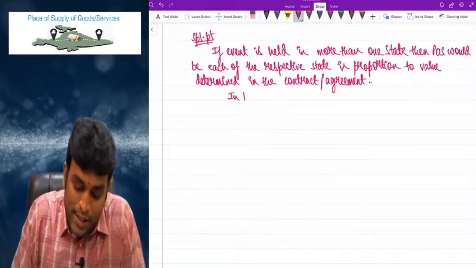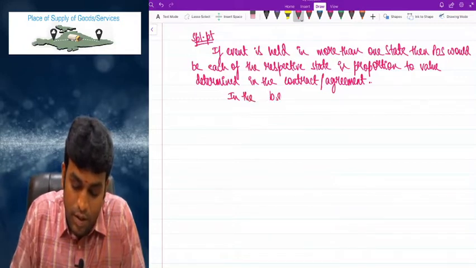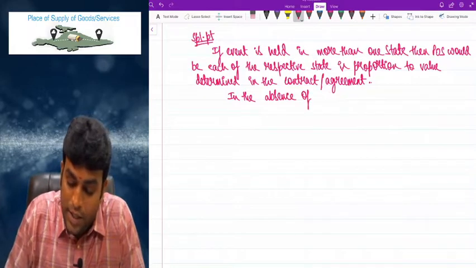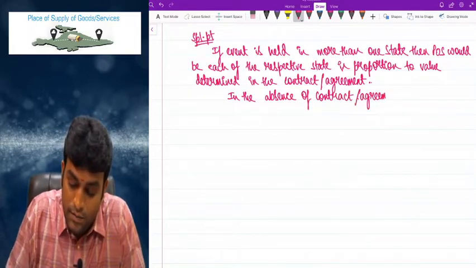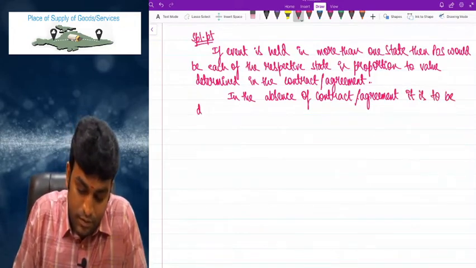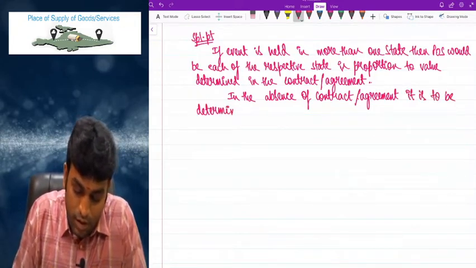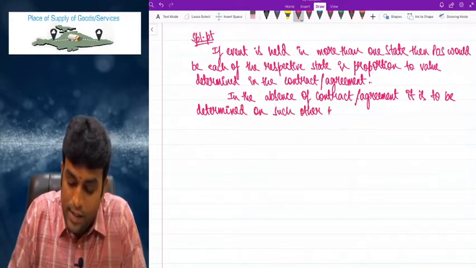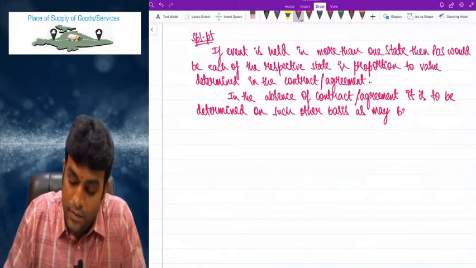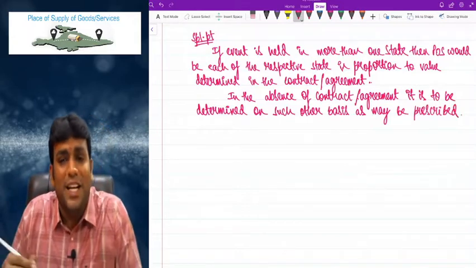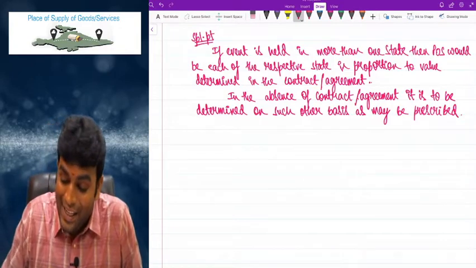But the interesting point is that in the absence of contract or agreement, it is to be determined on such other basis as may be prescribed. Same language I taught you in 12.3 also.